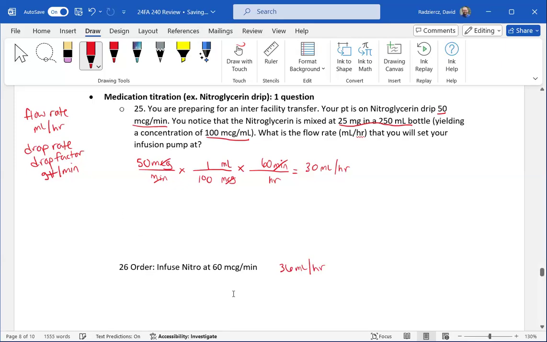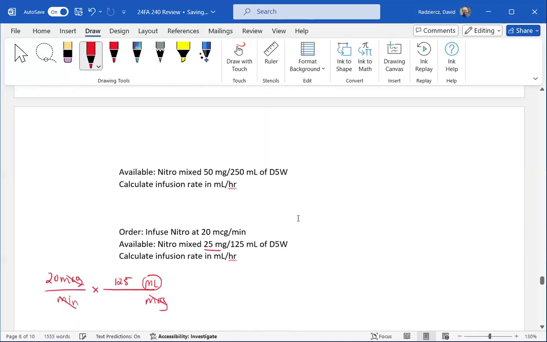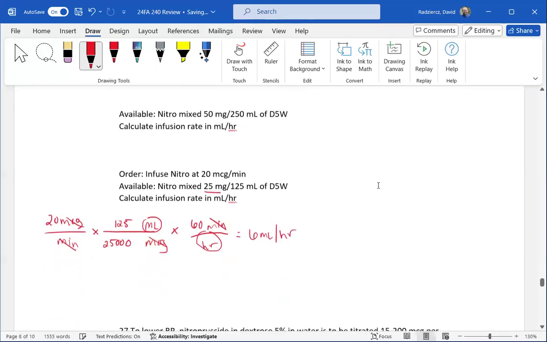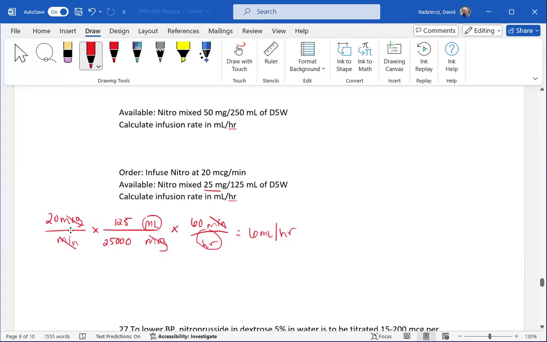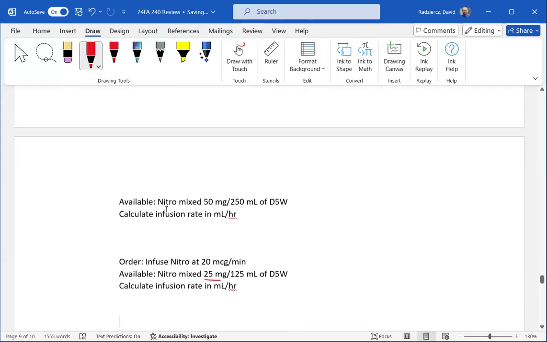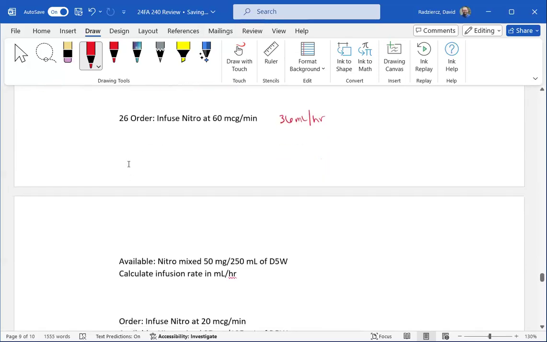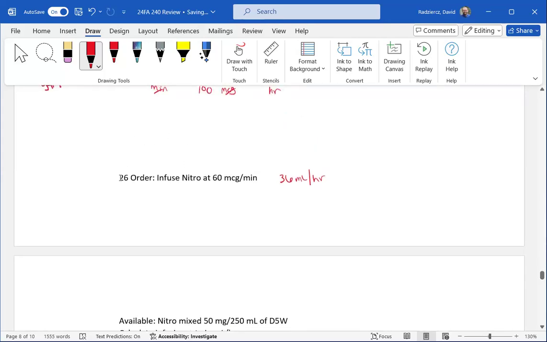Now let me just see what else I have here, because there's a couple different scenarios of this question. So here's another scenario. I have a feeling that this question was supposed to go with the question below.